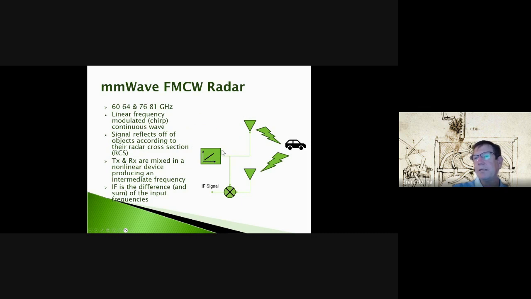Right, it's not fully continuous wave. We're going to start transmitting here. This is time, and this is frequency here. And so this signal would be an up chirp. It starts off at the beginning of the transmission at a low frequency, but then as time goes on, the frequency ramps up linearly, right?